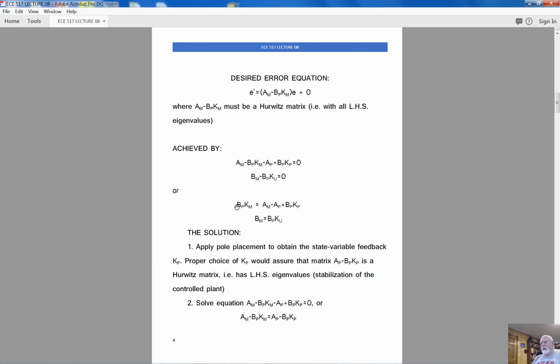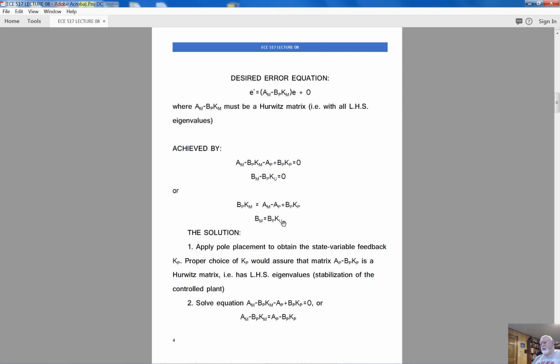And this is what basically we do. BPKM should be equal to this sum of 3 terms, and BM should be equal to BPKU.